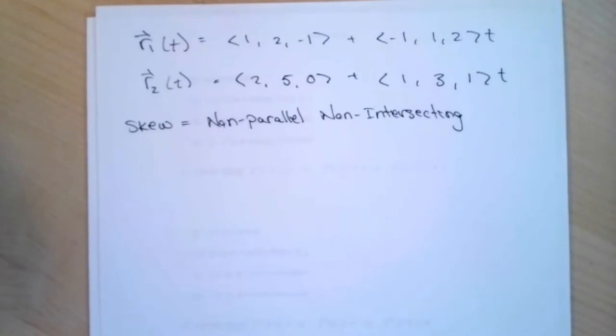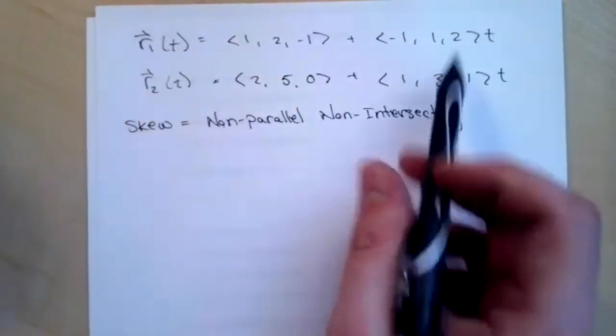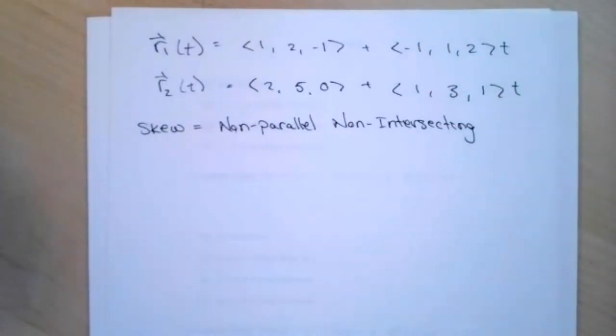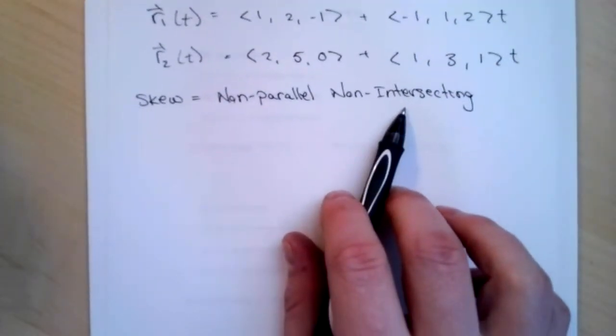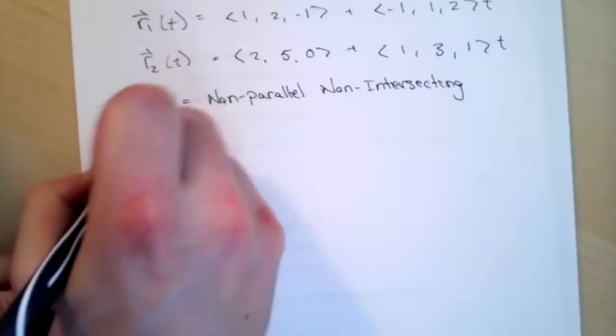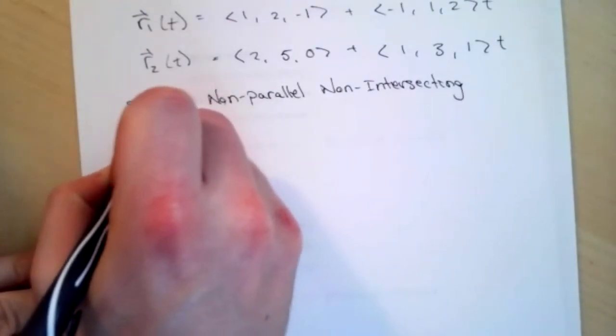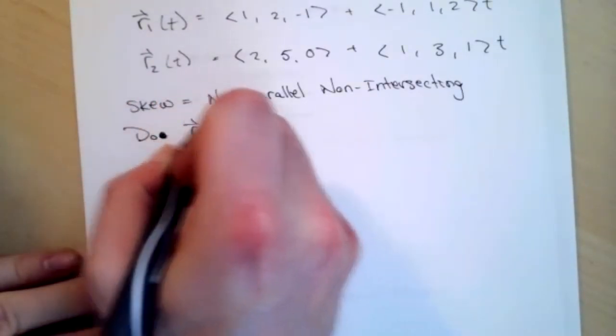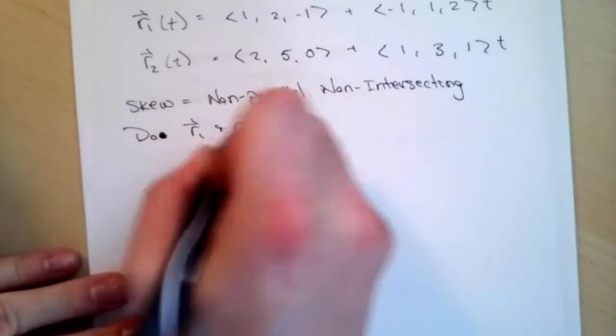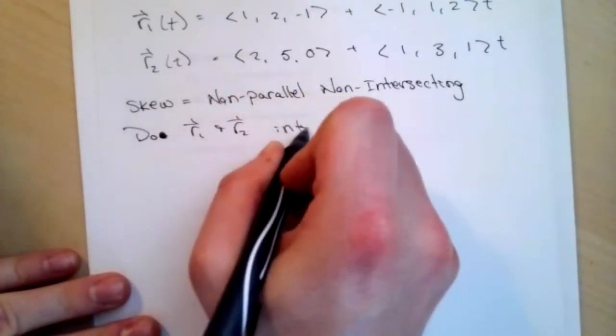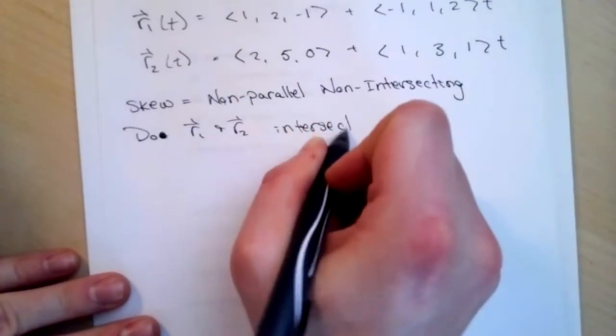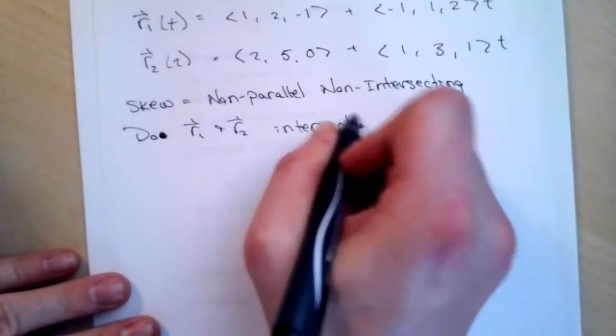So that does bring up a question: we know they're not parallel, do they intersect?